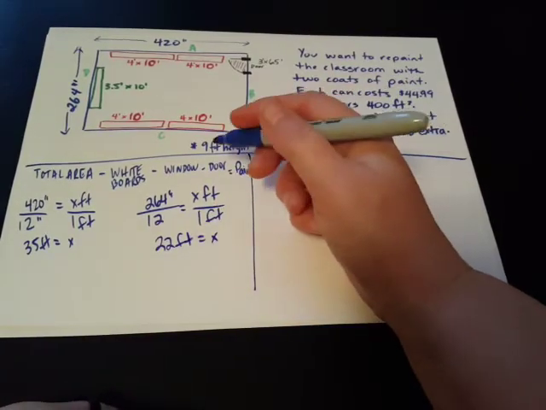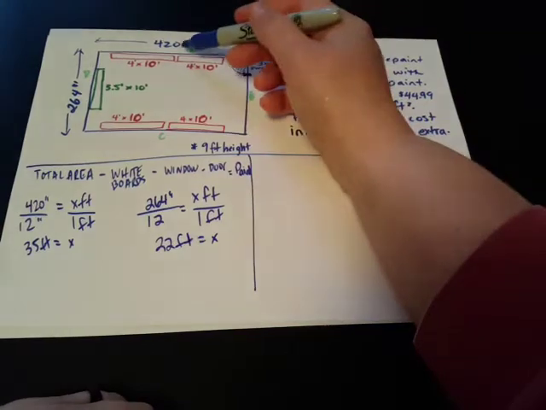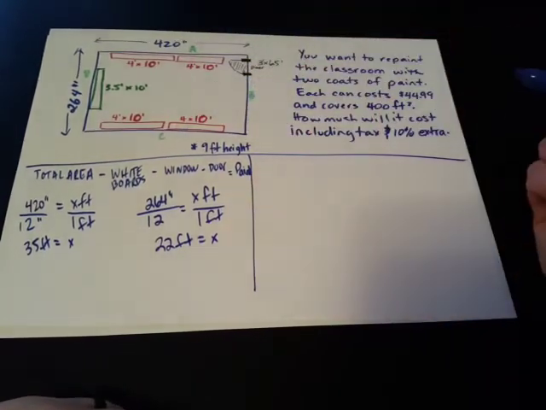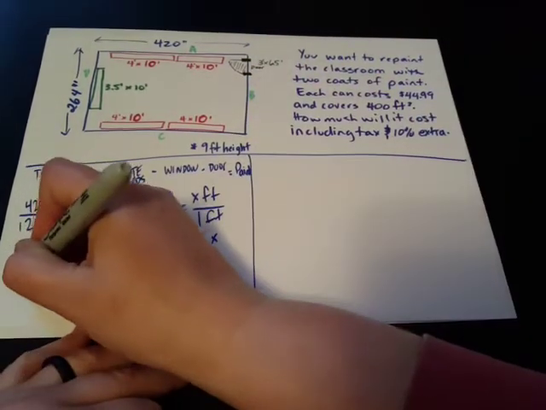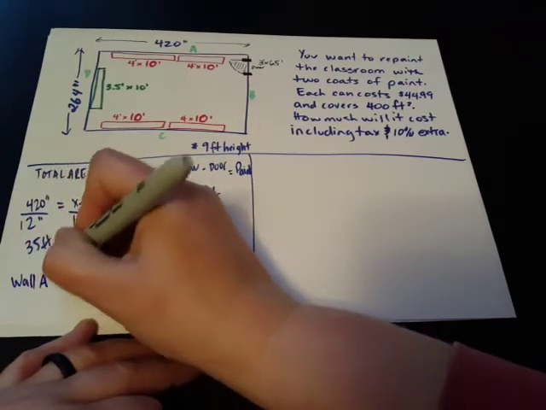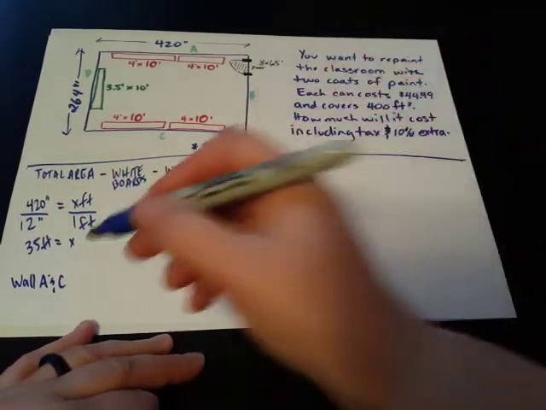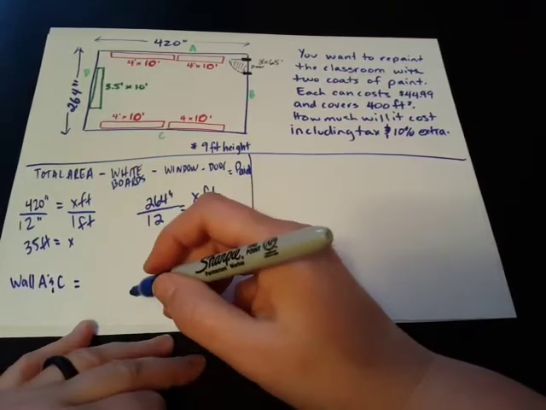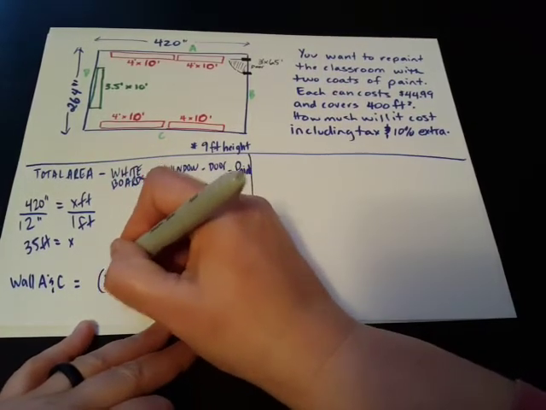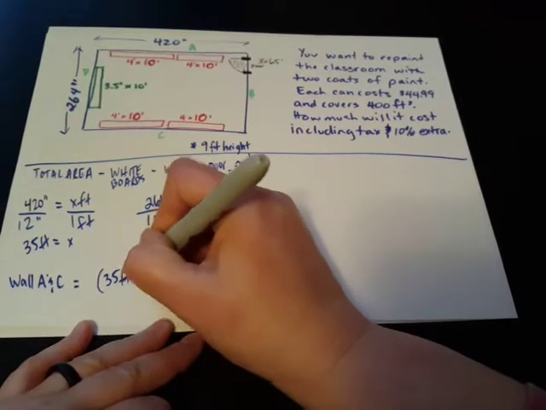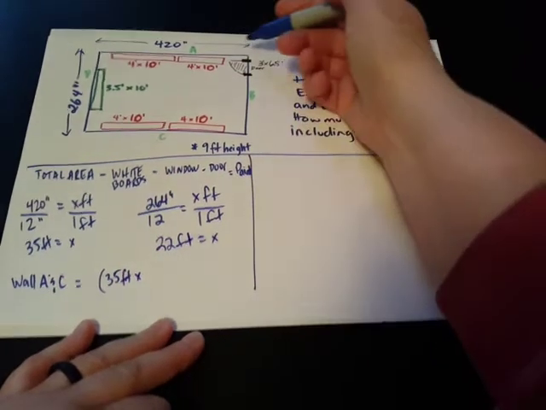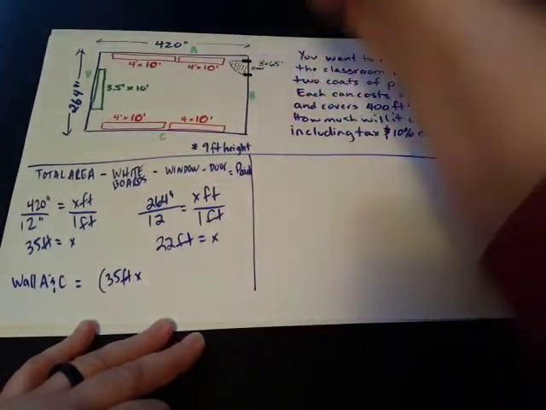So if we look at wall A and wall C, both of those walls are going to be identical. Remember, we're only thinking about just the walls, and we're not worrying about the stuff that's on the walls at the moment. So we're going to do 35 feet across and 9 feet high.